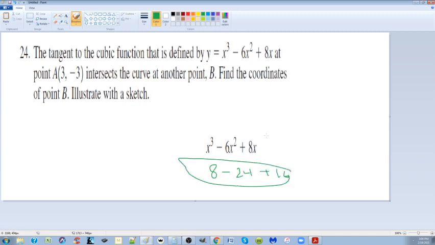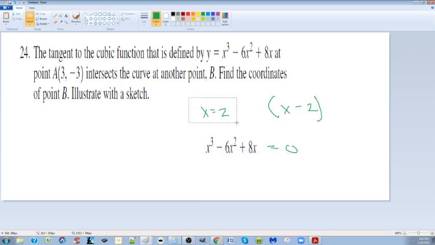Boom. So this might help me. I've discovered that when x is equal to 2, this whole thing is equal to 0, which means that x minus 2 is a factor of it. Now this might not matter, but I like studying my curves a bit.